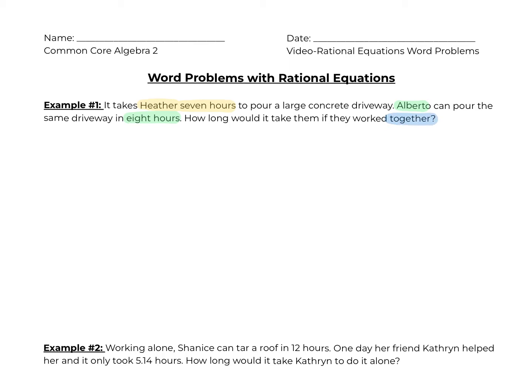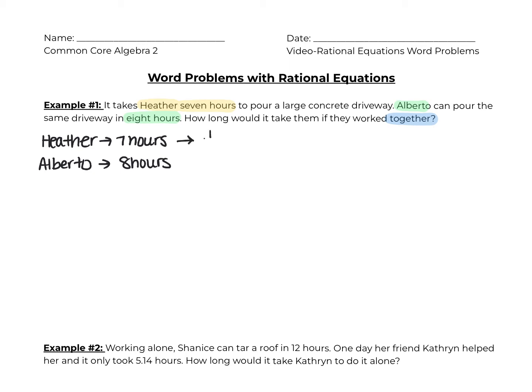So the way that you want to solve these types of word problems is you want to condense it down to the unit rate. So if Heather can complete the job in 7 hours and Alberto can complete the job in 8 hours, we need to convert those hours to their unit rate, or how long it would take them to do this job in 1 hour.